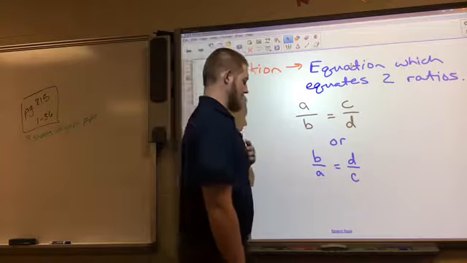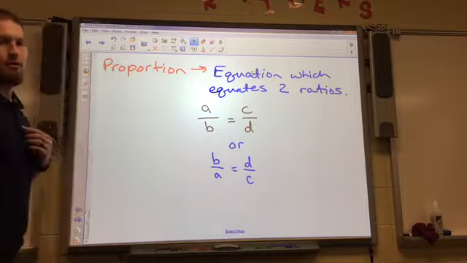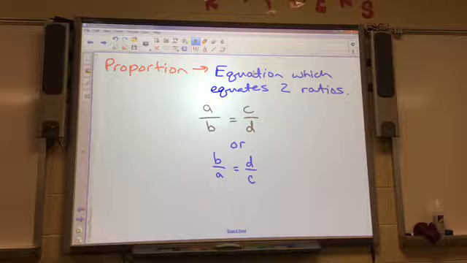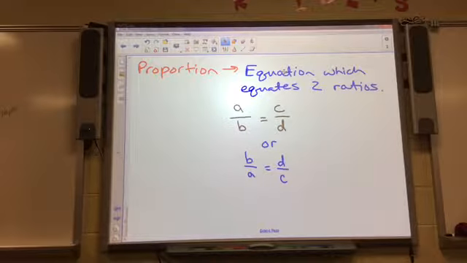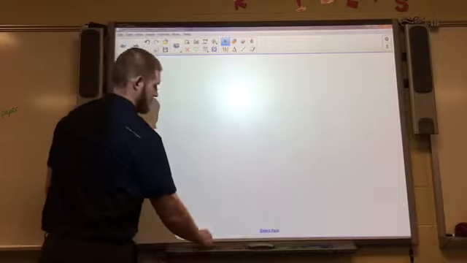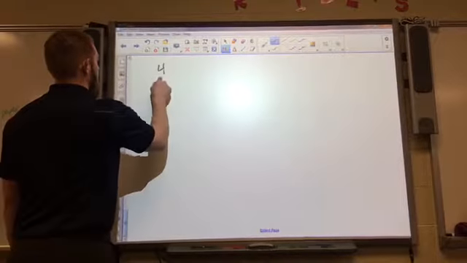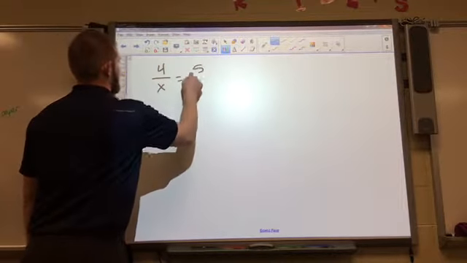Does anybody remember from the past, because I know you've done this before, how to solve a proportion? Yep, exactly. You cross multiply. Okay, so I have this proportion. It's 4 over x equals 5 over 7.